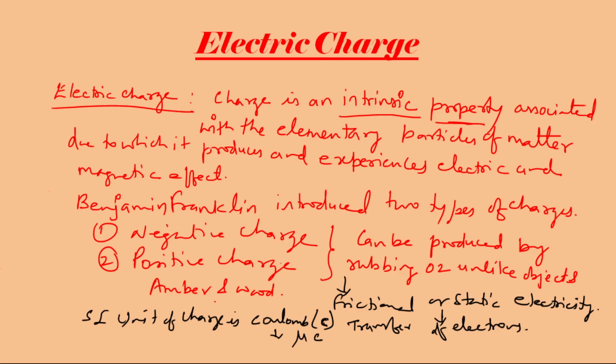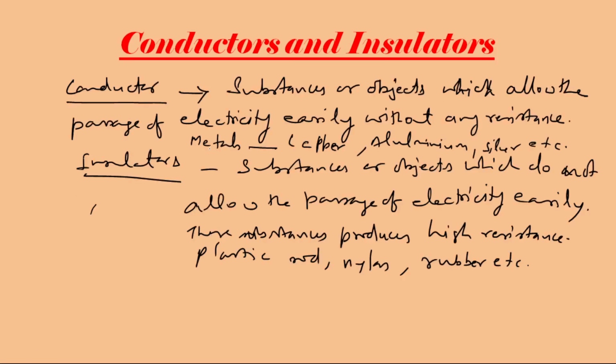Who discovered charges? Benjamin Franklin discovered charges. He introduced two types of charges, negative charge and positive charge. Like charges repel each other, unlike charges attract each other. This is called frictional or static electricity, which can be produced by rubbing two unlike objects. The SI unit of charge is Coulomb, and as it is a very big unit, small units like micro Coulomb, nano Coulomb, pico Coulomb are used.